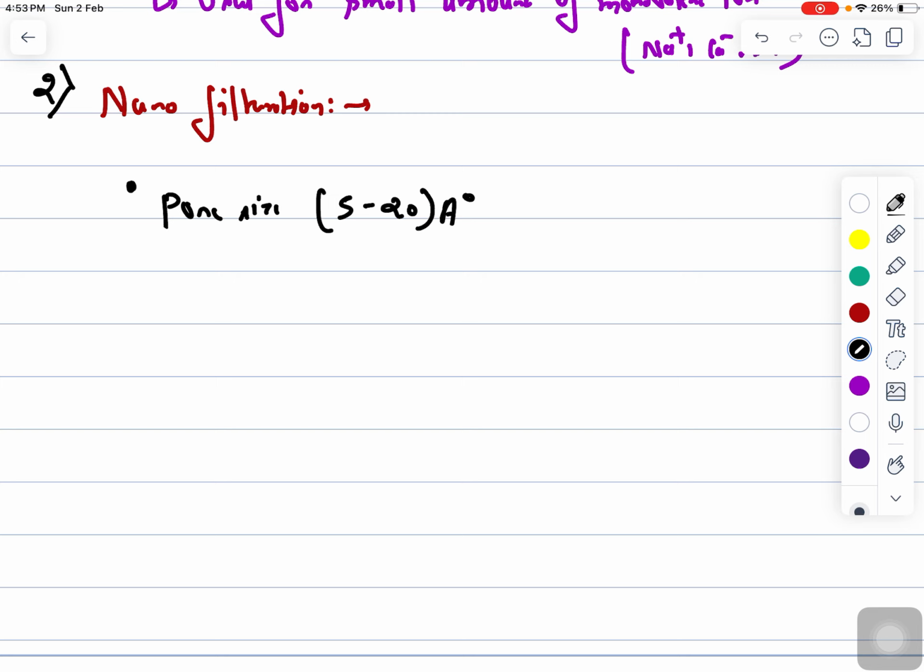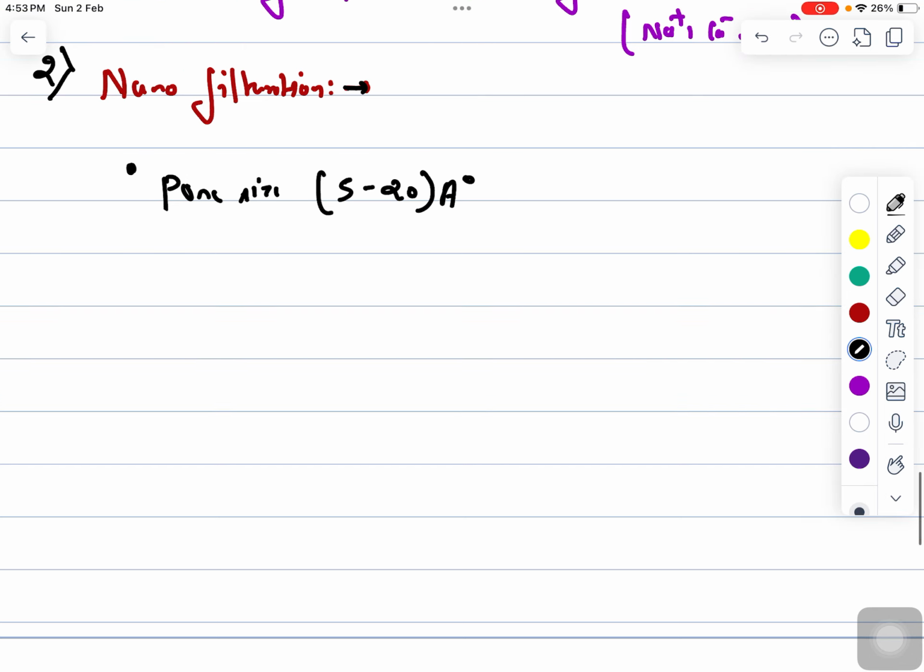In the earlier case, in reverse osmosis, it was 2 to 10 angstrom. Here it will lie between 5 to 20 angstrom. And the pressure drop it requires is less compared to reverse osmosis. I'll write directly here, delta P required here is approximately 15 to 25 atm. So if you are increasing the pore size, then the pressure drop is getting decreased, right?